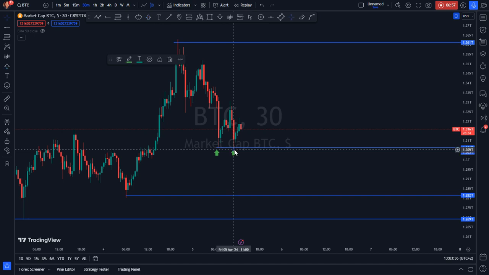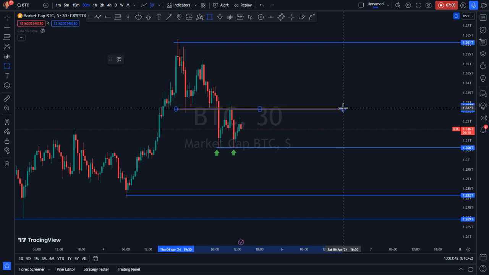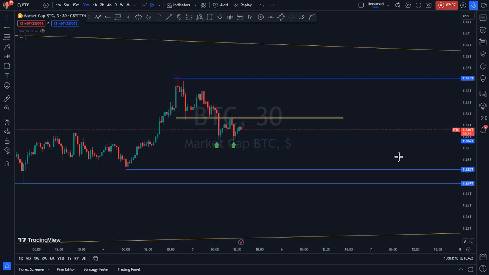But remember, a double bottom will only be confirmed once the market breaks above the what? The neckline. So the confirmation in this trade right here, if we want to take this trade, will be when the market gives us a very strong bullish candle which closes above the neckline, because then we can know that the market is going to be pushing all the way to the upside, but usually it has to come to retest the neckline.